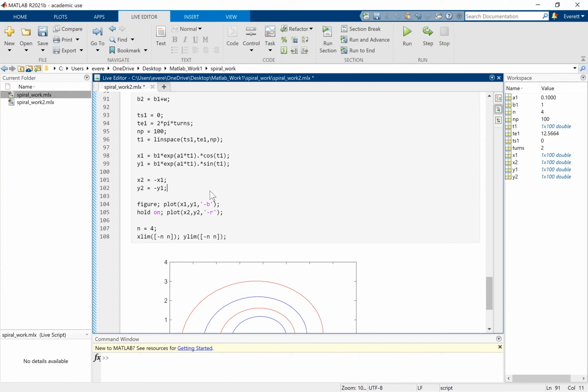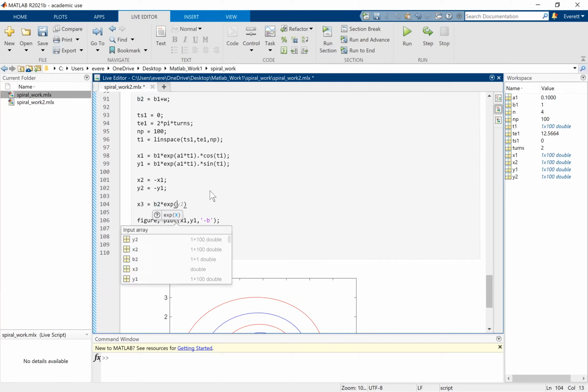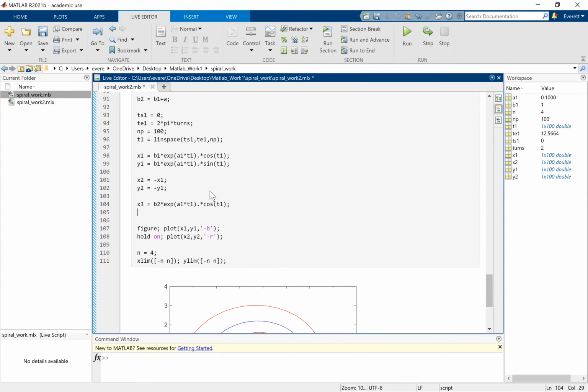So now we can make those. We can say x3 equals B2 times e to the a1 times t1, then cosine of t1, then y3 equals the same thing, but the sine version. All right, so now let's plot that.